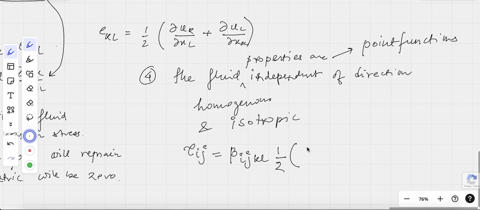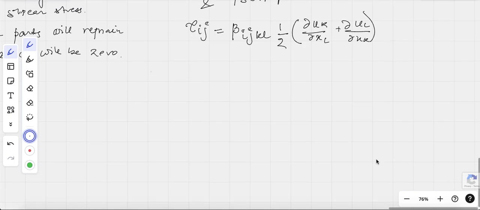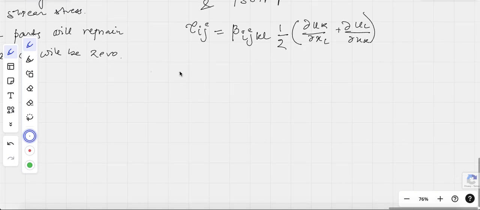Now it is having only symmetric parts, so we are replacing alpha with beta, right? So beta for isotropic fluids can be written as lambda delta ij delta kl plus mu delta ik delta jl plus, now we will take the middle ones, delta il delta jk plus gamma, just a minus sign in between, rest all will be same.